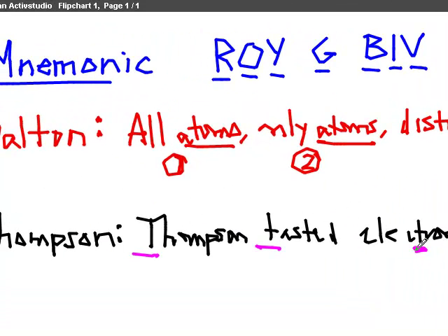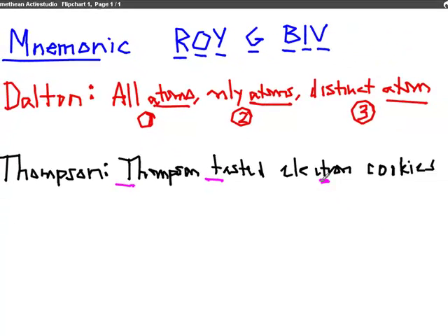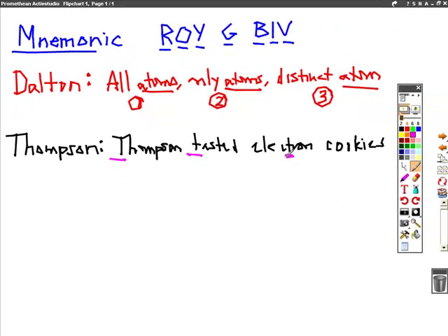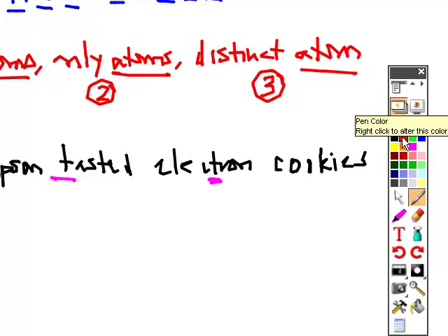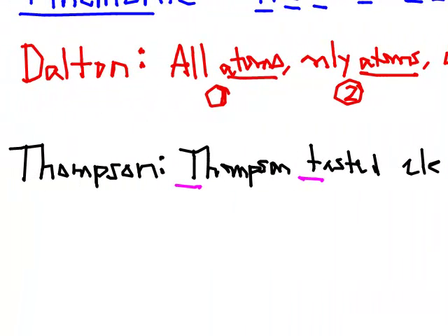So TTT is for Thomson. He tasted electron cookies. He discovered that within an atom there are actually subparts. He found that there was this negative electron, and he thought it was like the chocolate chips in cookies, that there were just these bits of negative things sprinkled throughout the atom. Hopefully that can help you memorize what Thomson did and how he furthered our knowledge of the atom.